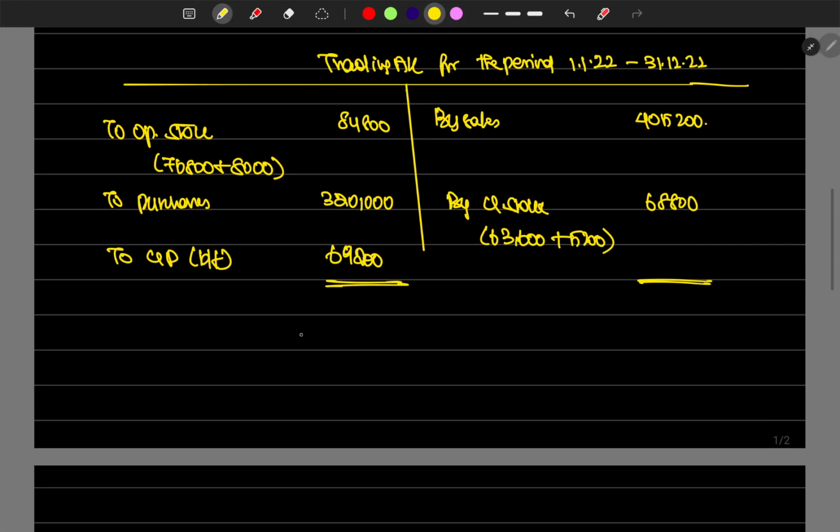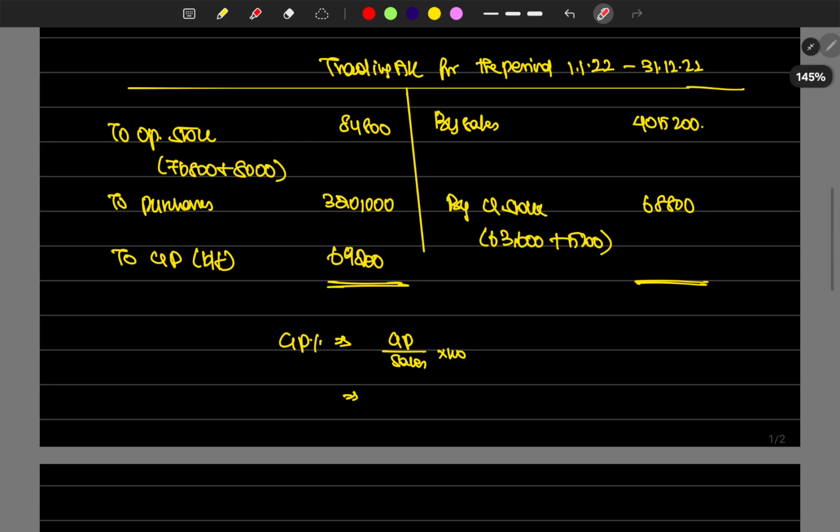Let's quickly find out the GP percentage. Gross profit divided by sales into 100. Okay, we have the GP value as well as the sales value, but we need to find out the normal GP percentage.